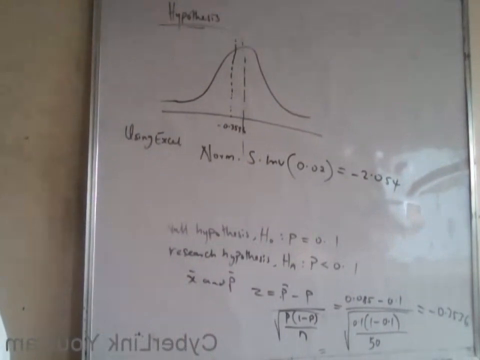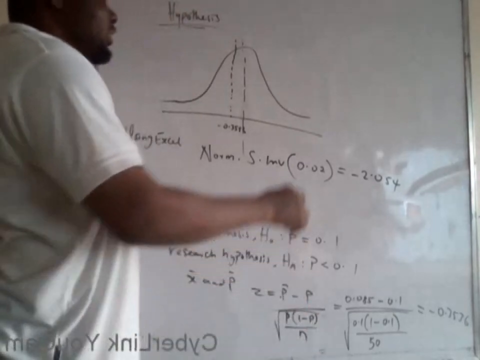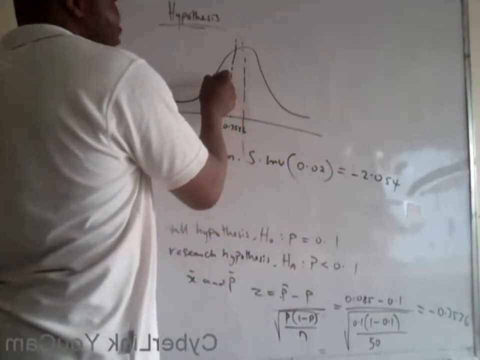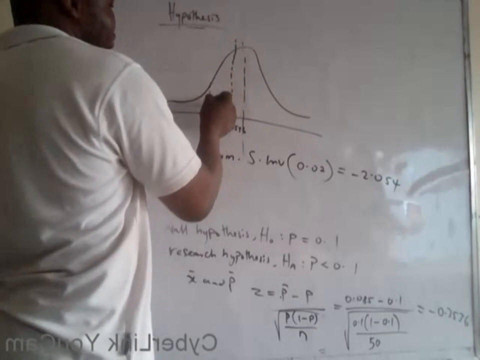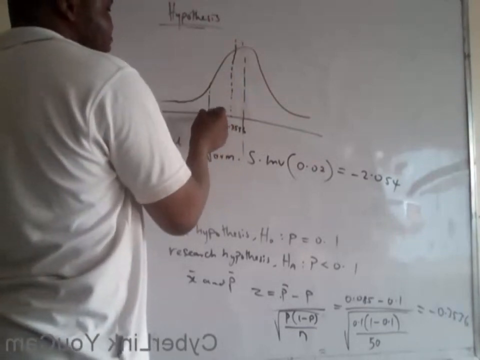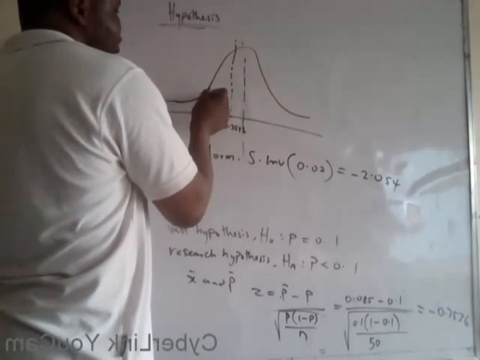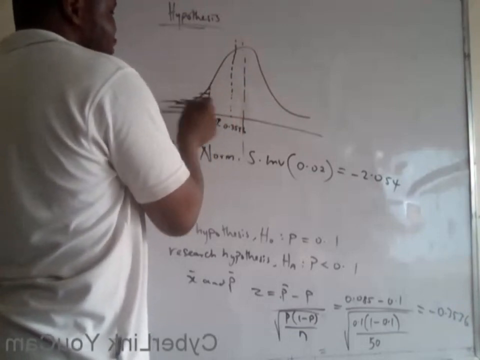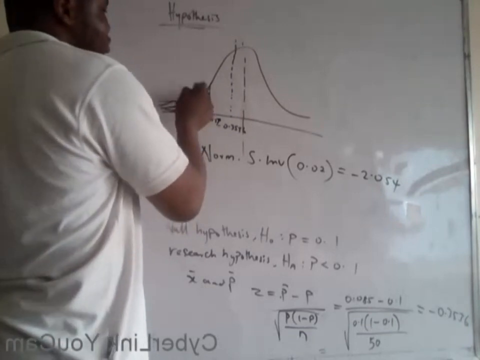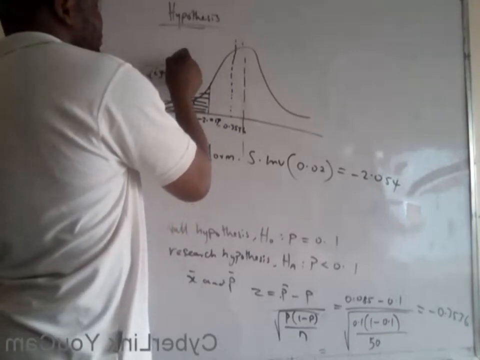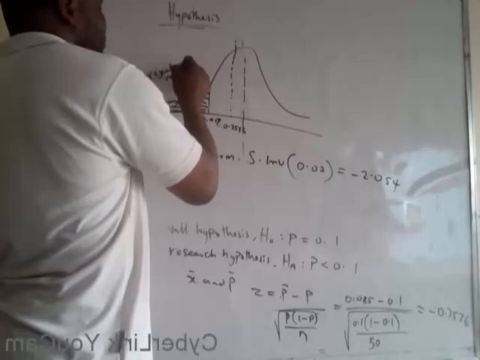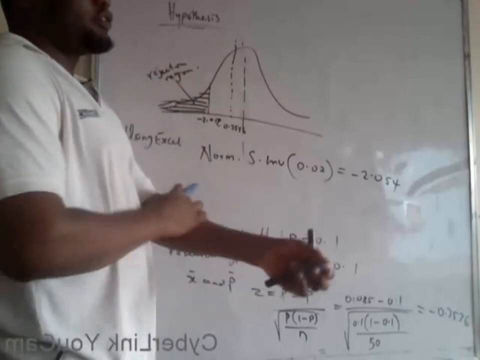All right, so if you look to identify minus 2.054 in our normal distribution, it is somewhere here, minus 2.054. And so this is our rejection region.